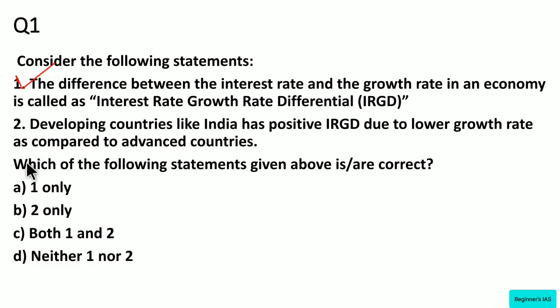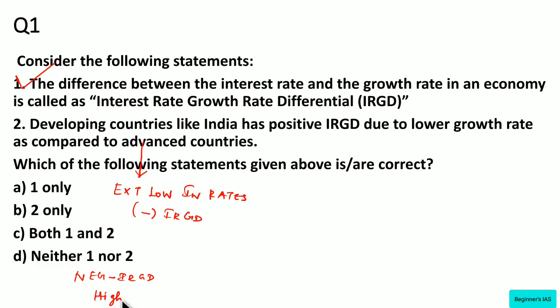What about statement number 2? See, the advanced countries face extremely low interest rates, which turns the IRGD negative. Similarly, the same phenomenon of negative IRGD is in India, but it is due to the higher growth rate.